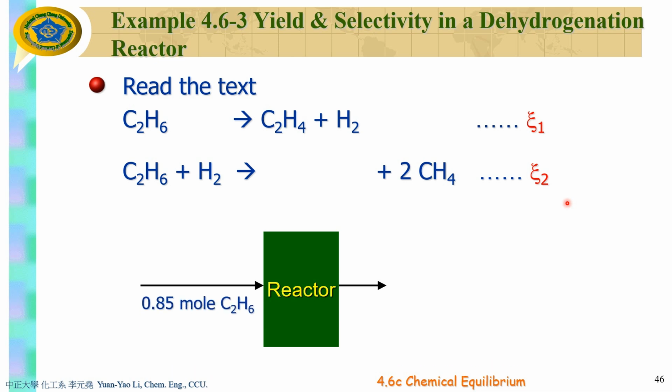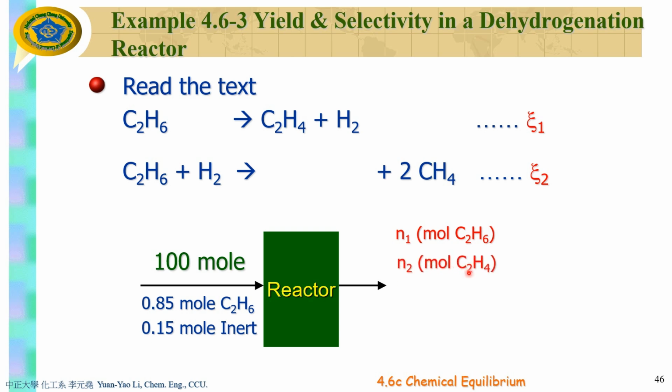Okay, so let's draw the flow chart. This is the reactor. There are 85% moles of C2H6, and then of course you have 15% moles of inert gas. The basis you can use is 100 moles. So 100 moles here. What you don't know is the C2H6 coming out, then C2H4, because this is not 100% completely reacted.